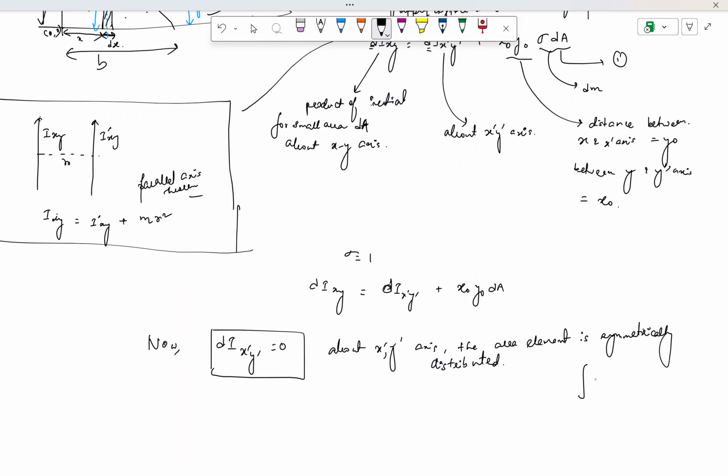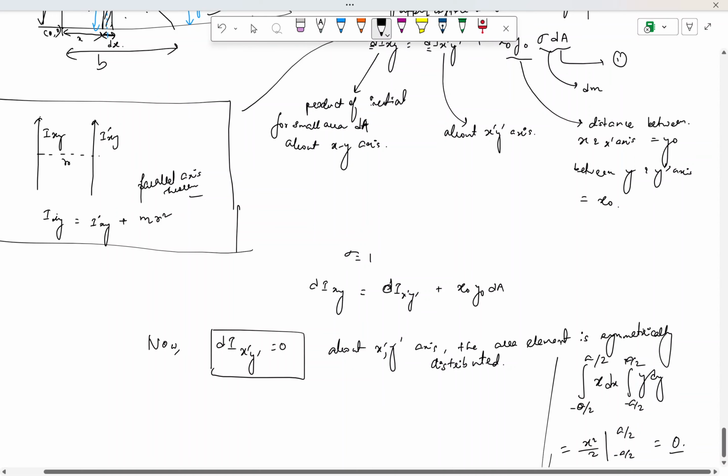Why? Because the product of inertia has terms like x dx and y dy integration, where the integration limits, instead of going from 0 to a like in the normal case with no symmetric mass distribution, so this does not cancel out. But for symmetric mass distribution, this will go from minus a by 2 to plus a by 2, or similar for the y direction also. In such cases, you have x squared by 2 or y squared by 2 going from minus a by 2 to plus a by 2, and because it is a square term, this gives you 0.